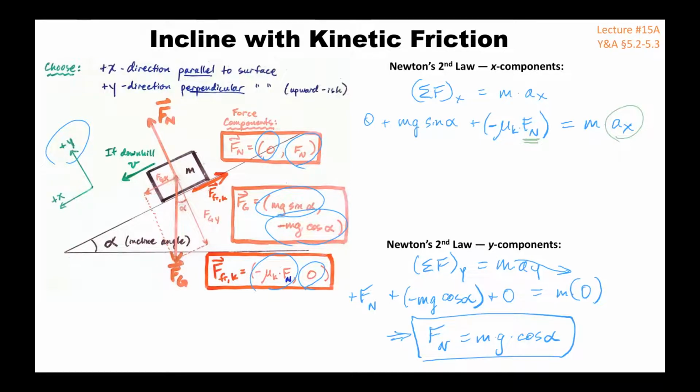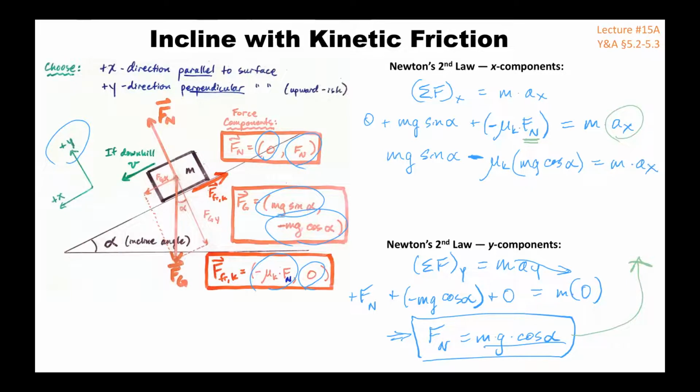Now I can use that up above, and I can proceed with what I was doing for the x components. So now let's keep going with the x components. Mu, and now I'll plug in this value here for the normal force. All right, great.